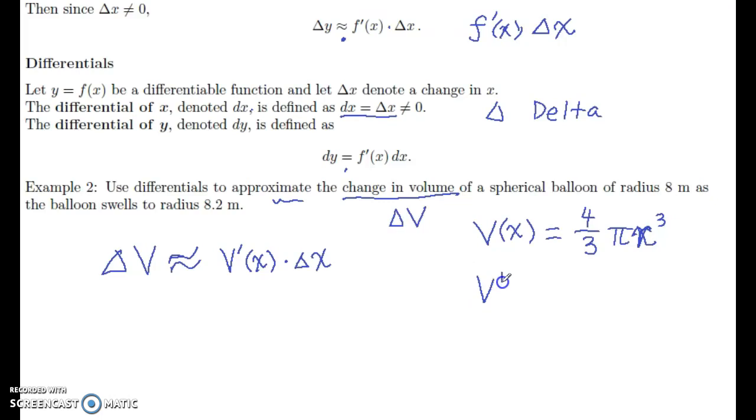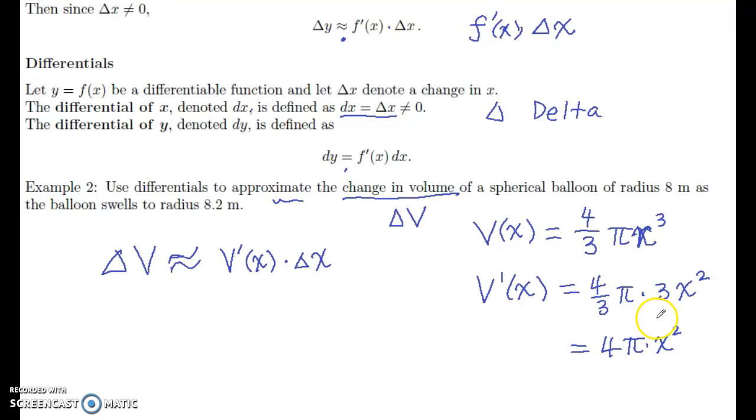So V prime of x, the derivative with respect to x: we keep the constant 4 over 3 pi, then multiply by the derivative of x cubed, which is 3x squared. Cancel the 3, and V prime is 4 pi times x squared.